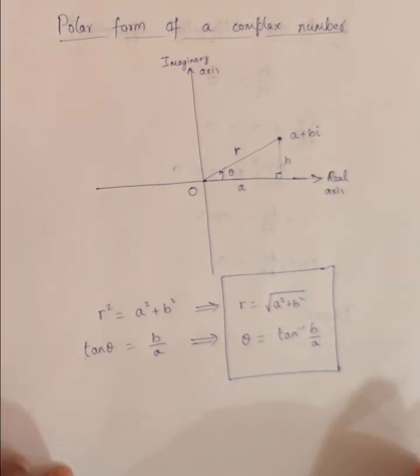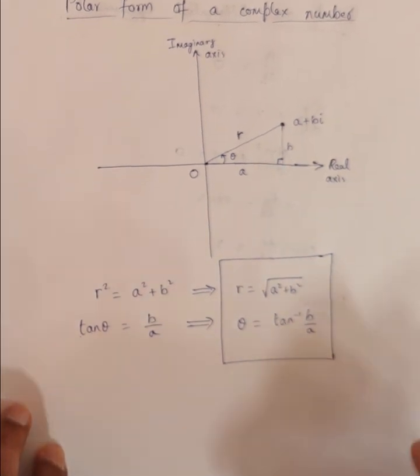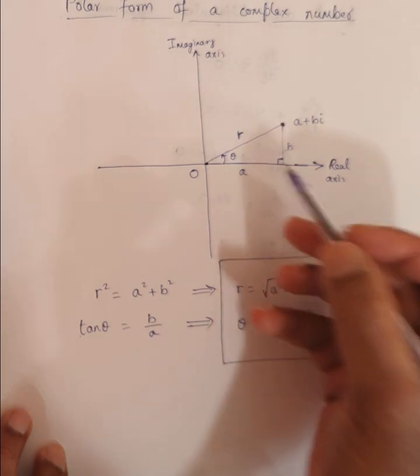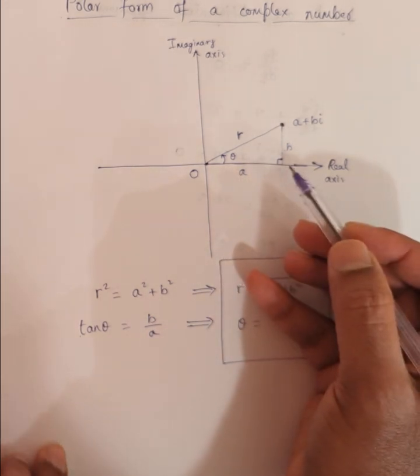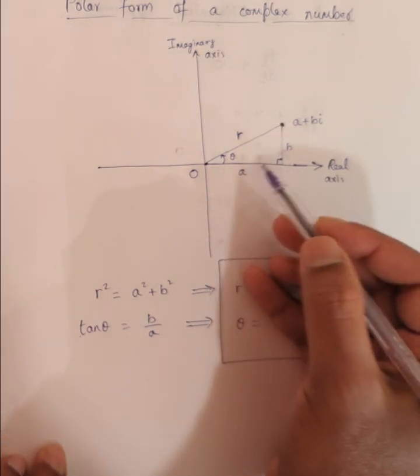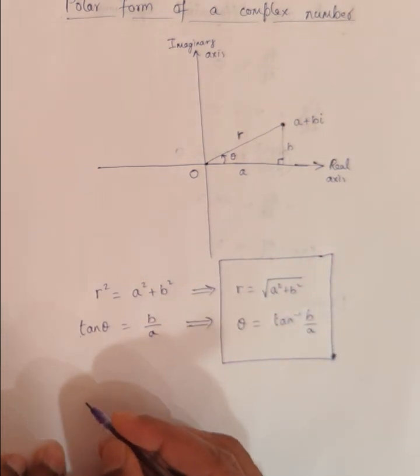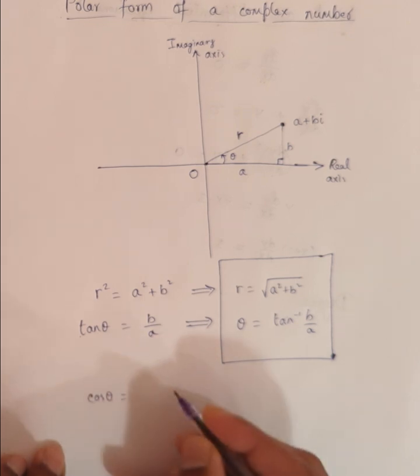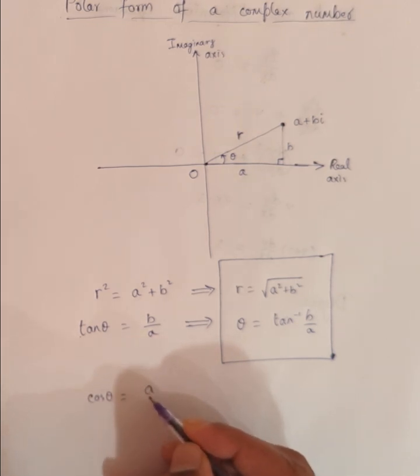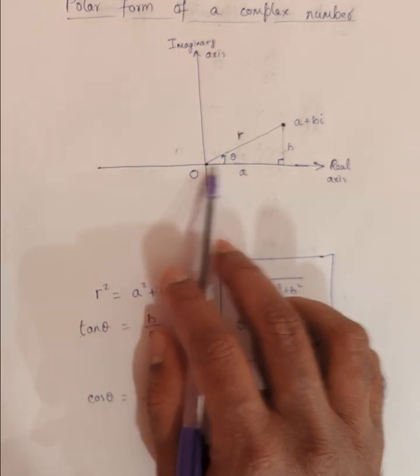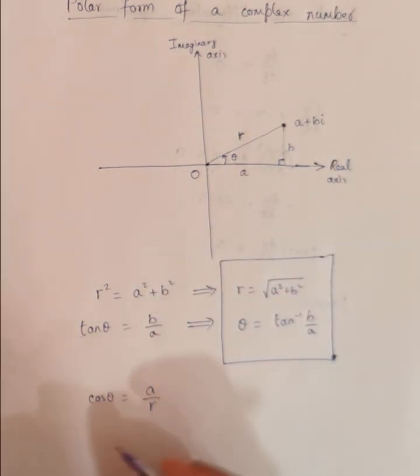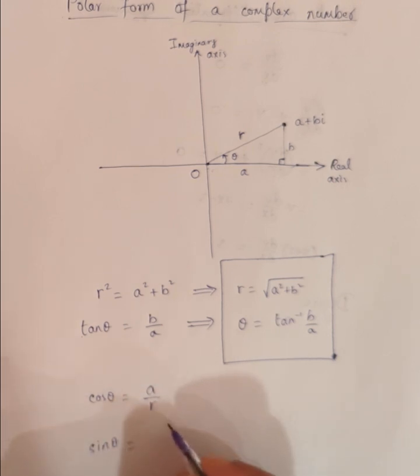Now on the other hand, if you know the polar form, how can you get the rectangular form? So notice that if I know r and theta, then I can write cos theta equals a over r. Cos is adjacent over hypotenuse, and sin theta equals b over r.